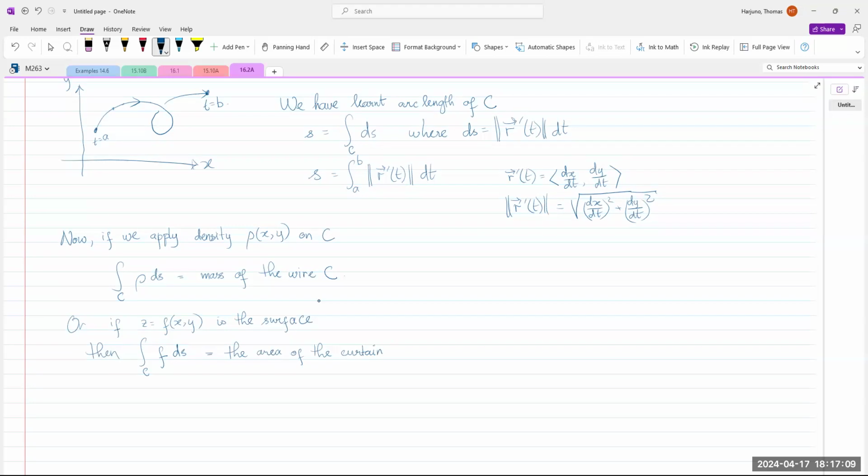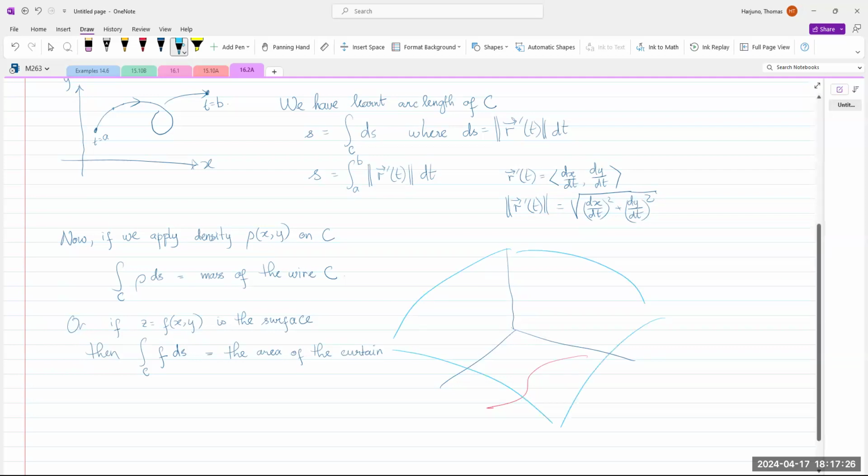We sometimes call this the lateral area. Imagine the following. Suppose I have this curve on the ground here, and we have a surface S such that the curve actually goes up to something like this. Can you imagine this?